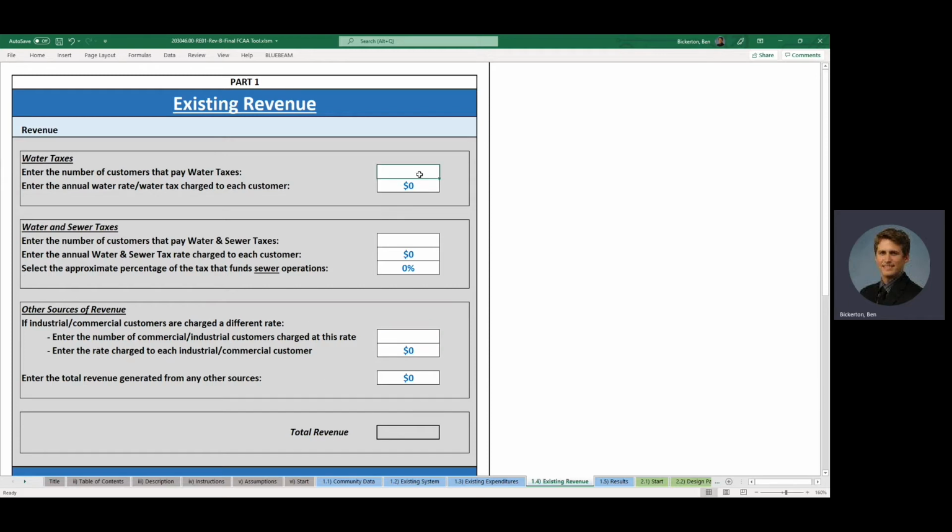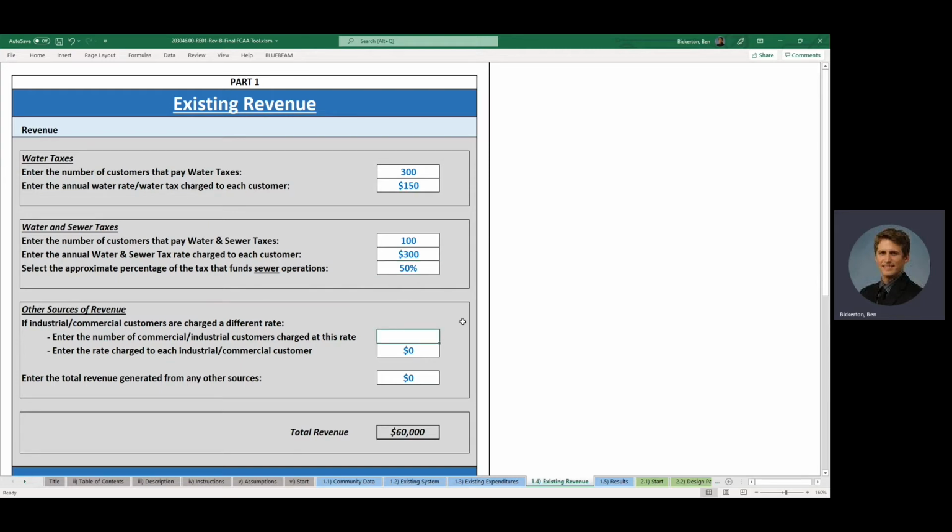So we might have 300 customers that pay a water tax of $150 a year. We might have another 100 customers, and those customers pay $300 a year because they have water and sewer, and say 50% of that tax goes towards water or sewer operations and not to the drinking water operations.